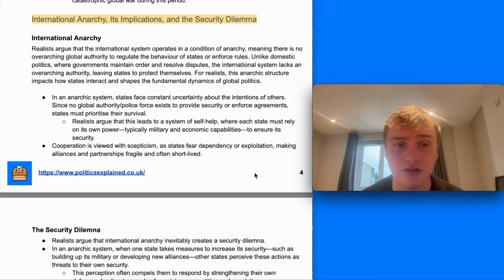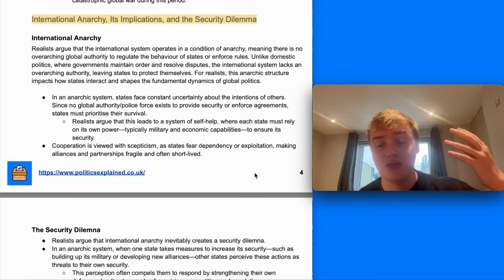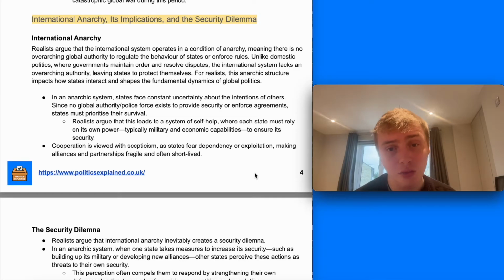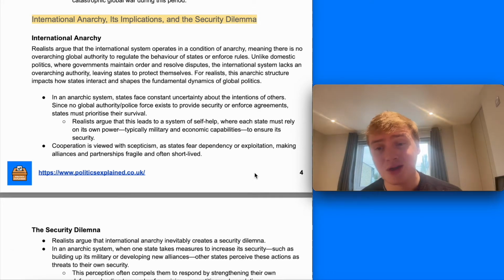Unlike domestic politics, where governments maintain order and resolve disputes through the police force and the justice system, the international system lacks an overarching government, meaning that states have to protect themselves, in the same way that if we were in a state with no government and no police force, we'd have to protect ourselves as well. For realists, this anarchic structure shapes the fundamental dynamics of global politics. Because the international system is anarchic, states face constant uncertainty about the intentions of others.